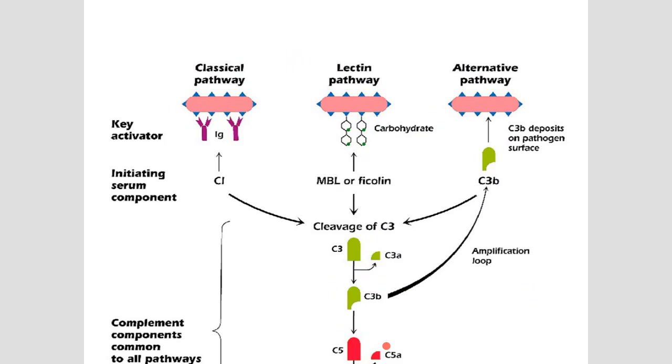The important thing for you to know is that they are activated differently, and then once they are activated, they will follow the same route eventually. So then there is a common pathway that comes, but we have to understand why we have three different pathways. You can see the first one, as we said earlier, the classical pathway, where you have an antigen-antibody complex. There you need an antibody.